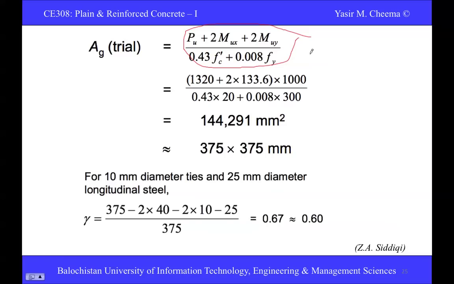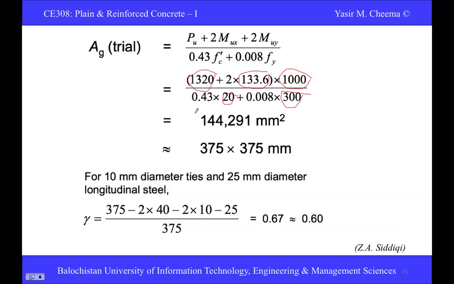So you select the relevant formula and put in the relevant values. Here you put 1320 as the factored load and 133.6 as the factored moment, and we multiply by 1000 to convert into newtons, because previously it was in kilonewton units. This is f'c, 20, and 300 is fy.